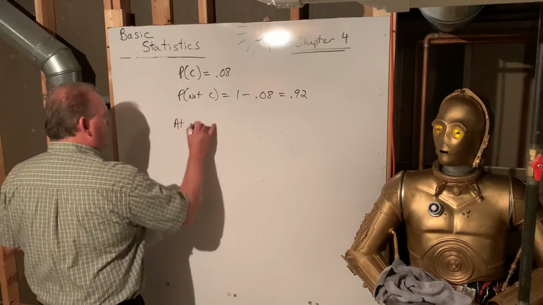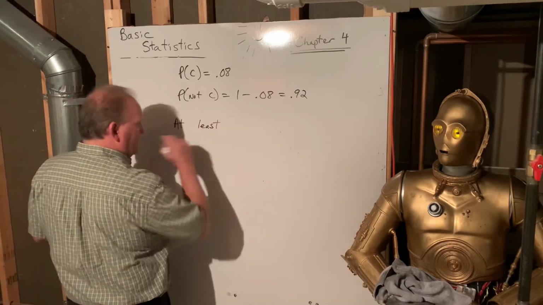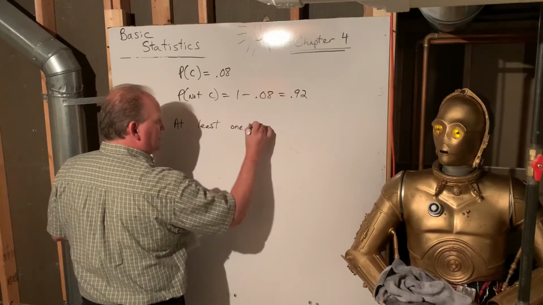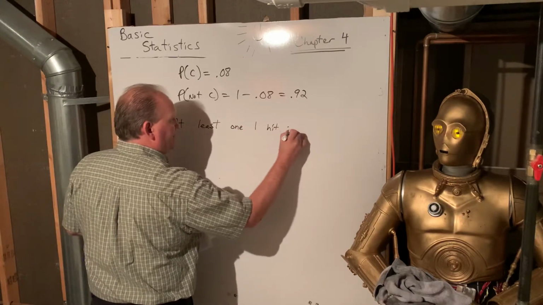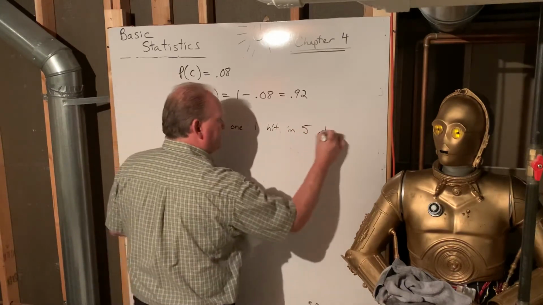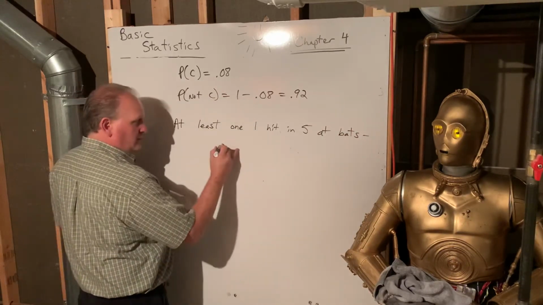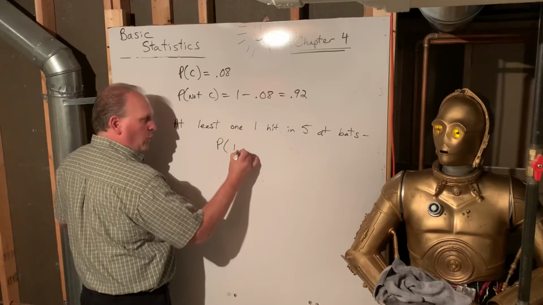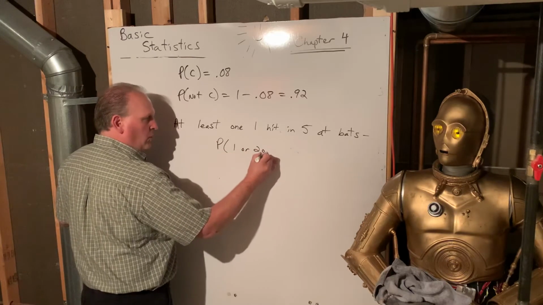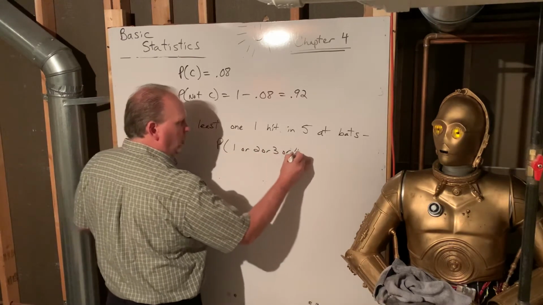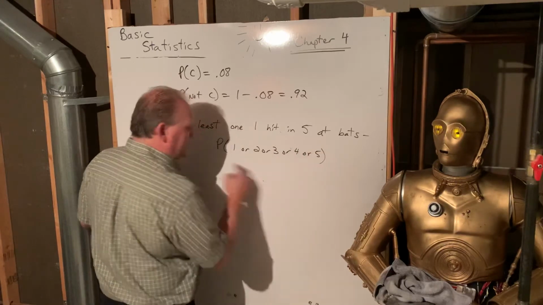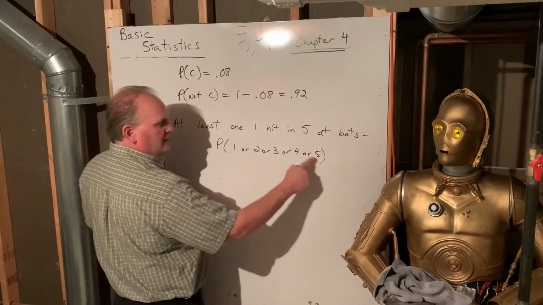So look, they don't want us to actually find it. At least one hit in 5 at-bats. So that would mean the probability of 1 or 2 or 3 or 4 or 5. That's at least 1, right?